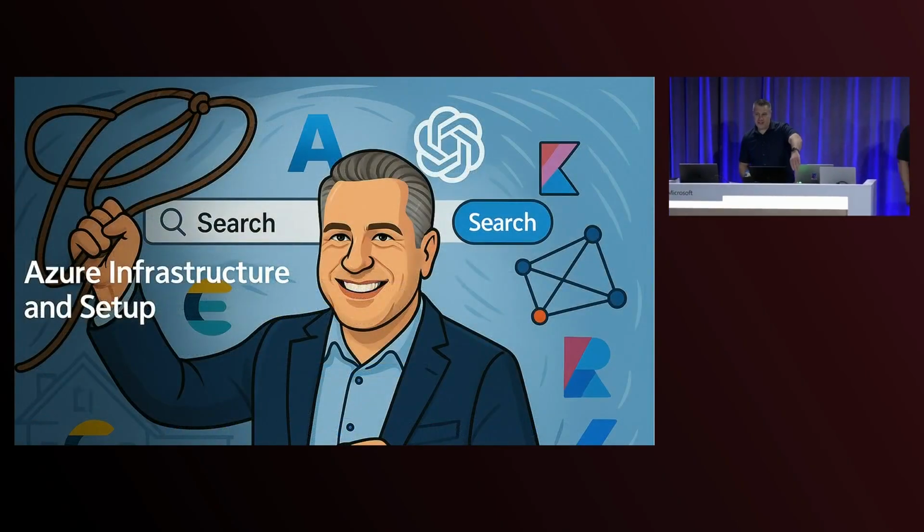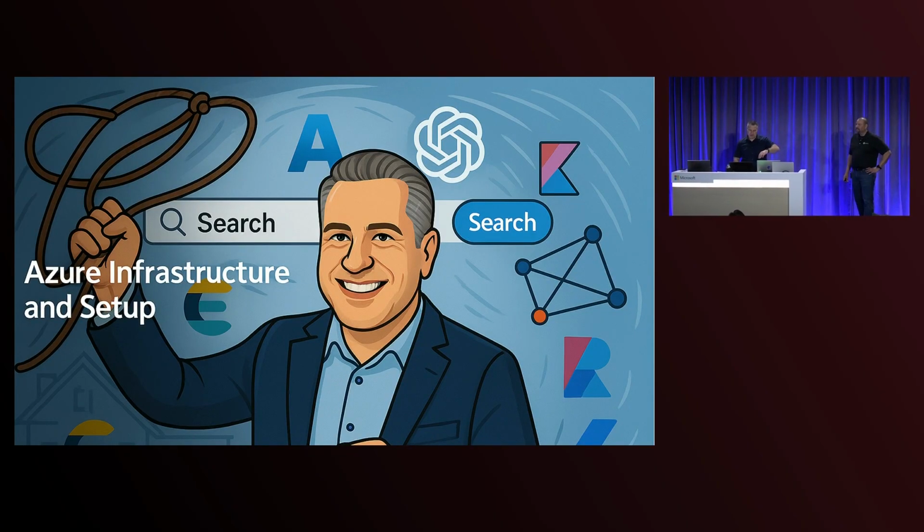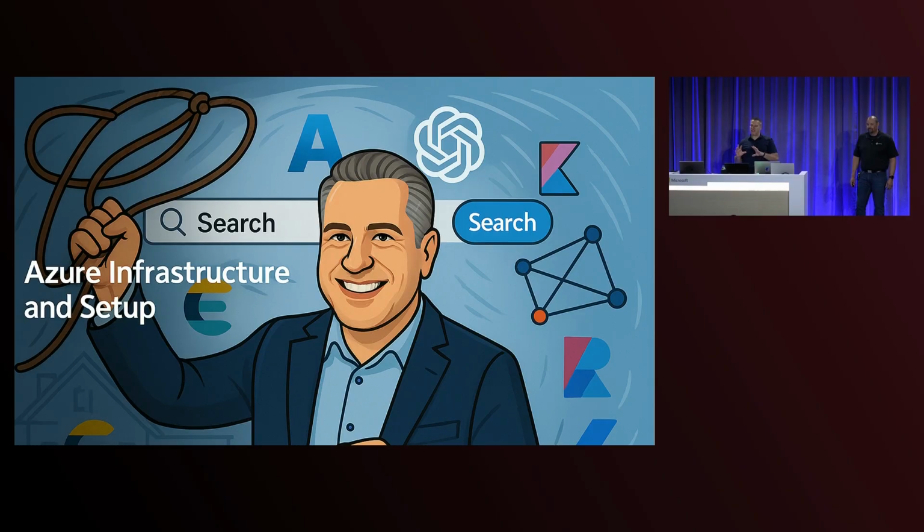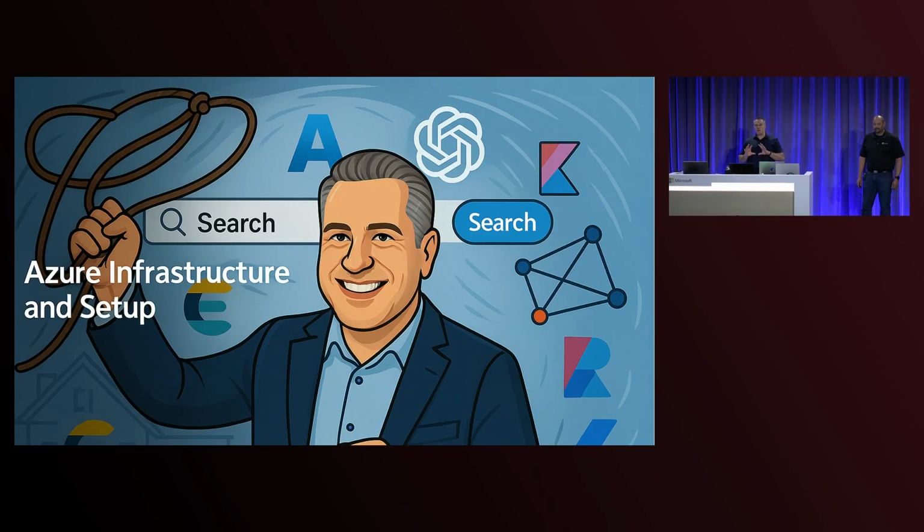All right. So I'm going to talk about the exciting part of this, which is all the Azure infrastructure we need to make this happen. We just walked through the theoretical: if we're going to build this LLM-powered search and use geocoding to get longs and lats, that's great, but what do we need? Right now we have nothing. What's great is we can get all the infrastructure that we need to deploy this on Azure.